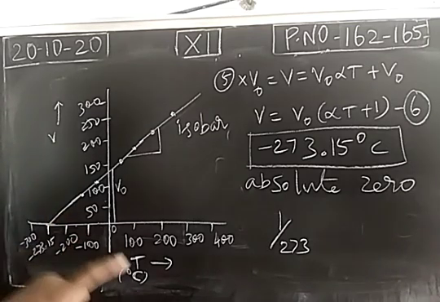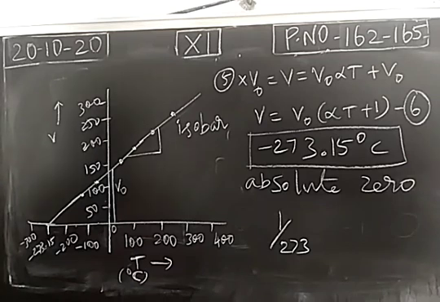Volume is directly proportional to temperature. When these two are related, we get a straight line. So y is equal to mx plus c is a straight line equation. From that, we have obtained this one. From the slope value m, we get delta v by delta t.